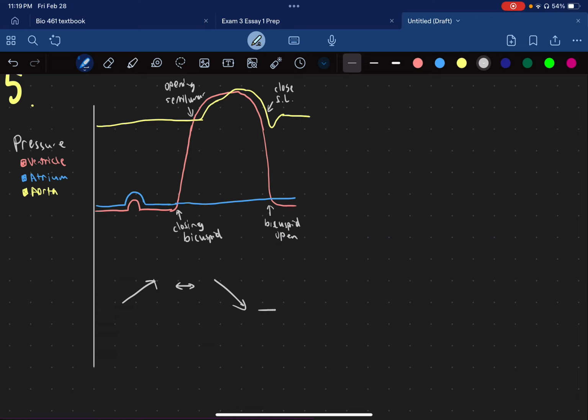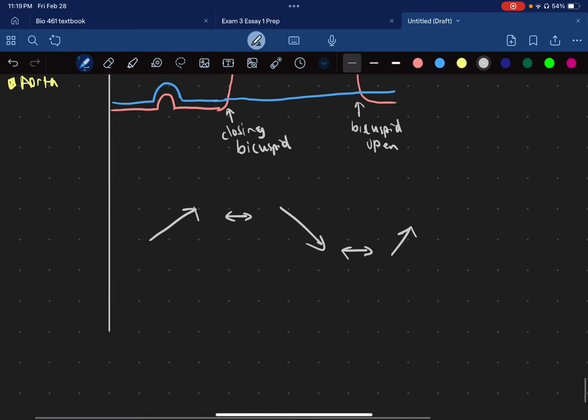Again, there will be no valves open, and then increase again. So right here, increase, this is called isovolumic contraction. And this is isovolumic relaxation.